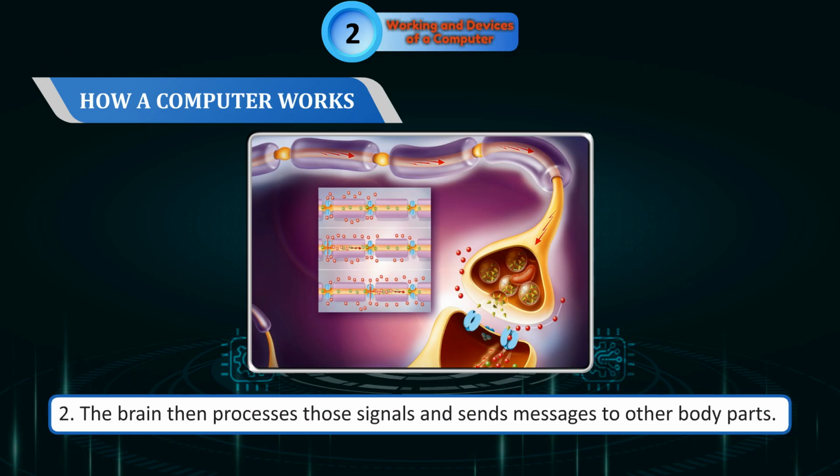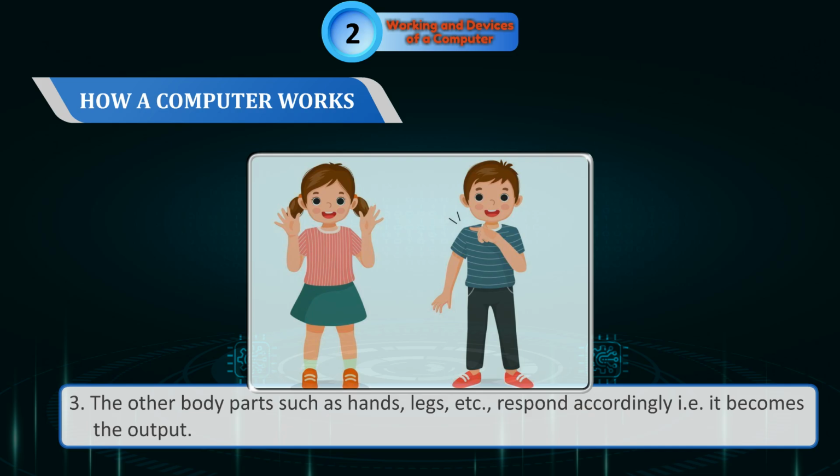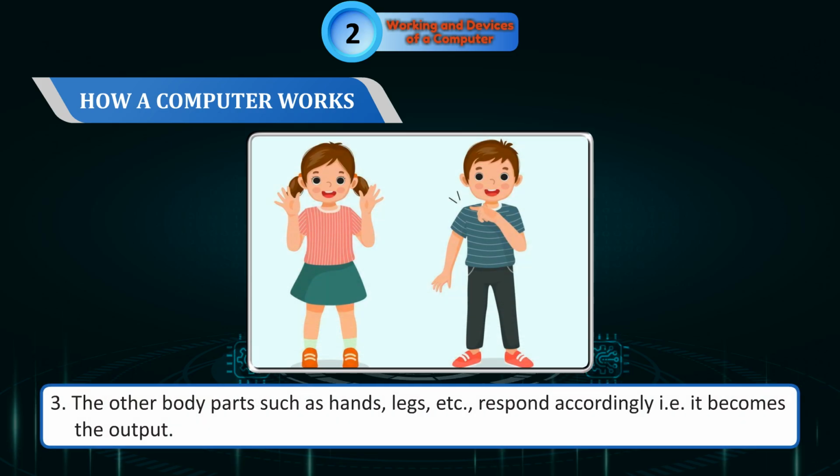The brain then processes those signals and sends messages to other body parts. 3. The other body parts such as hands, legs, etc. respond accordingly, that is, it becomes the output.